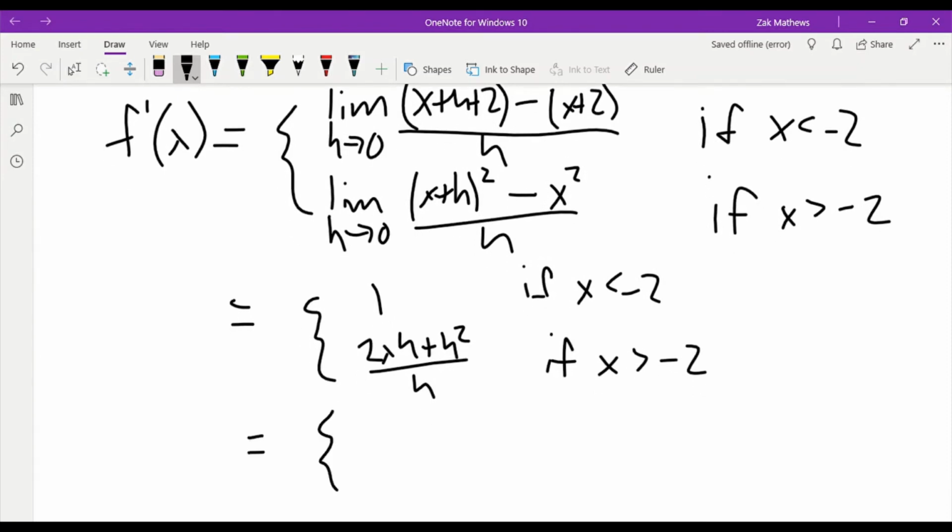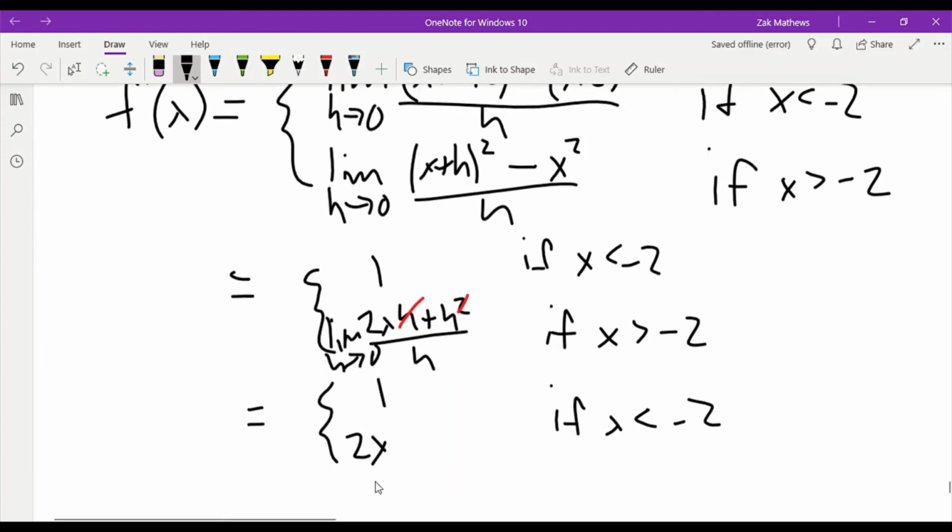When I simplify that, I get 1, and for the bottom function, the h's would cancel, giving 2x plus h. Because we are taking the limit as h goes to 0, I'll cross these h's off. As that last h goes to 0, we're only going to be left with the 2x.